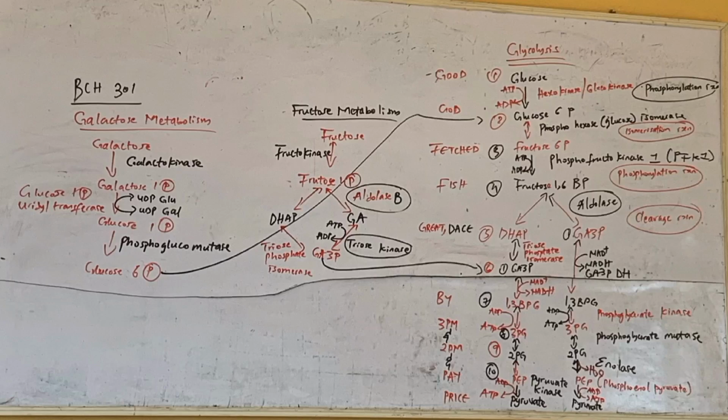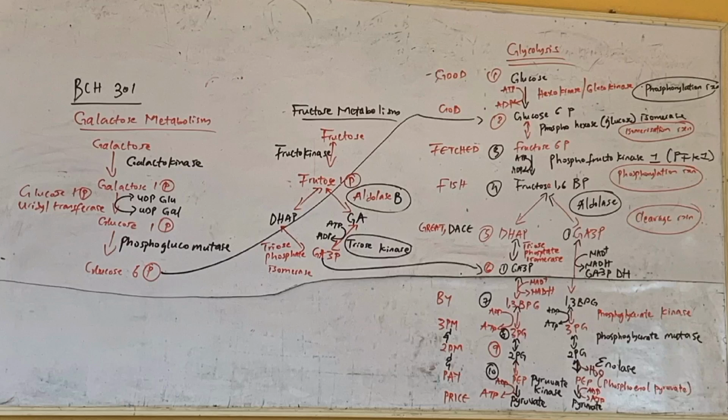Alright. So the next step, which is step 4, is the conversion of fructose-1,6-bisphosphate to dihydroxyacetone phosphate and glyceraldehyde phosphate by the enzyme aldolase. So here there is a cleavage reaction. The dihydroxyacetone phosphate is converted to glyceraldehyde phosphate. So we have 2 moles of glyceraldehyde phosphate.